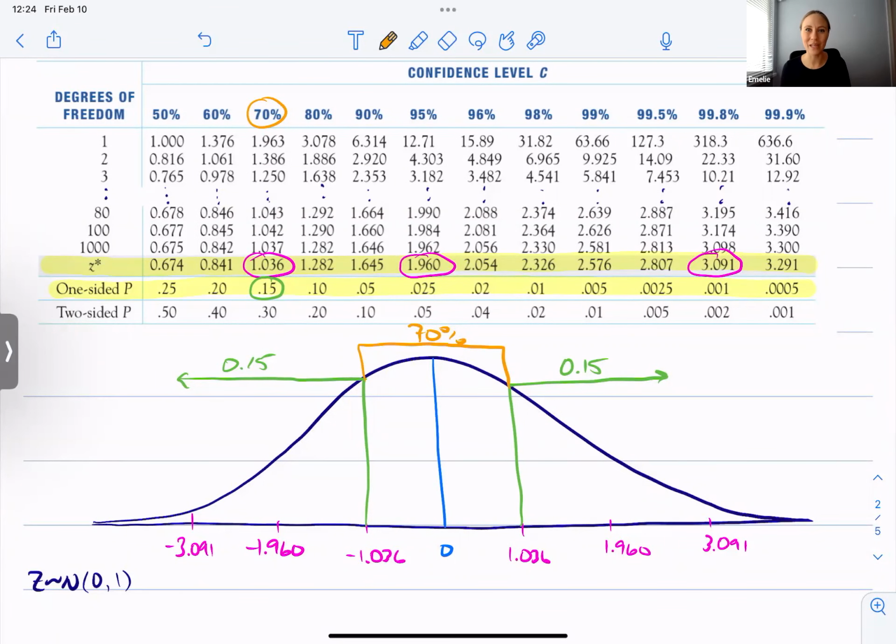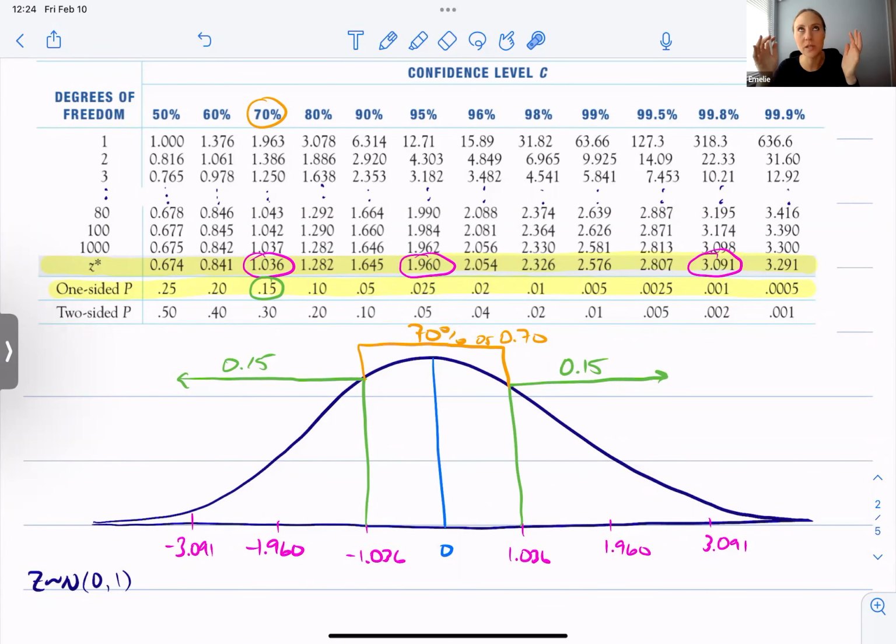Yes, only applicable to the normal distributions. So here in between, or 0.70, I have 70% of the normal distribution captured within one standard deviation-ish.